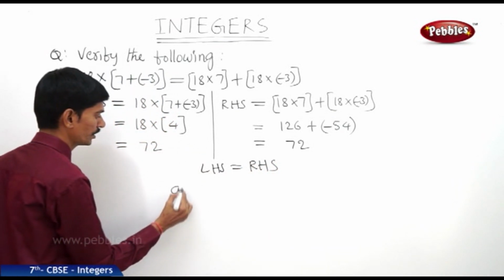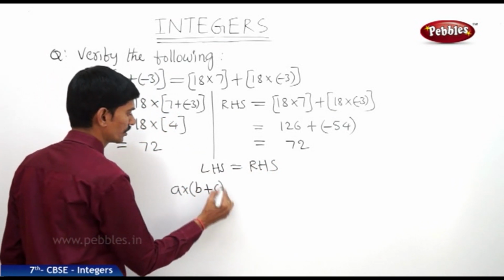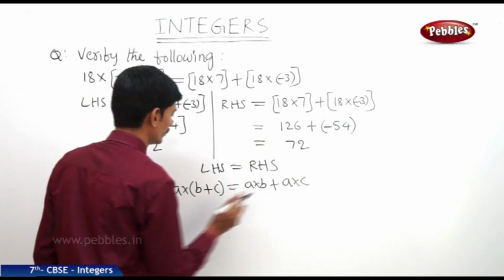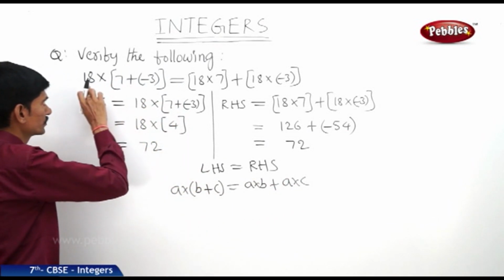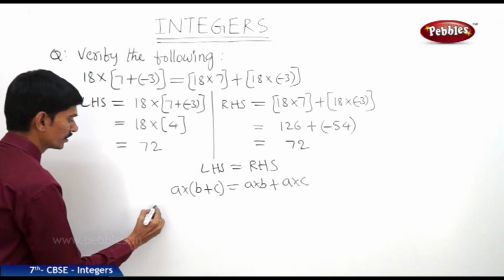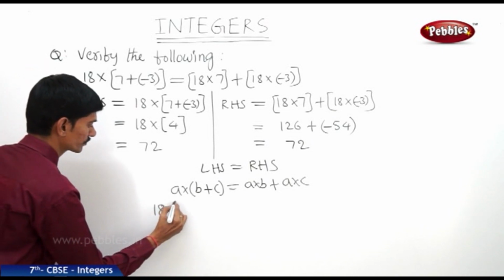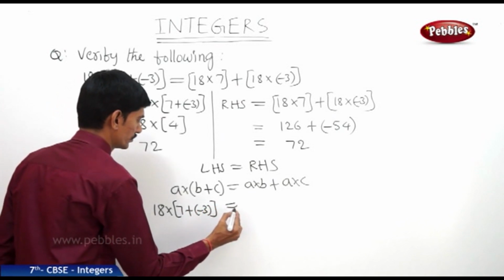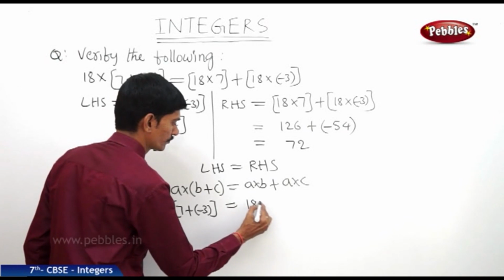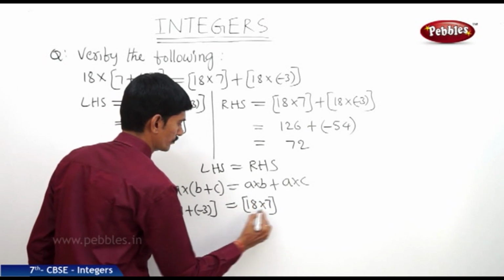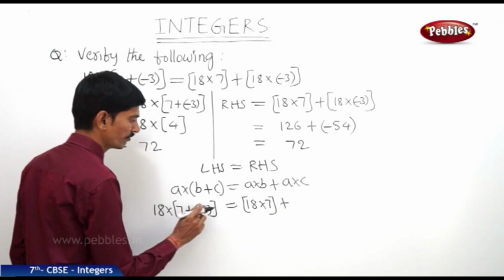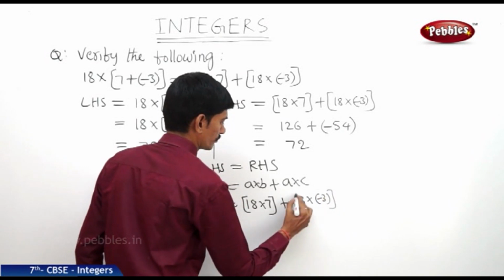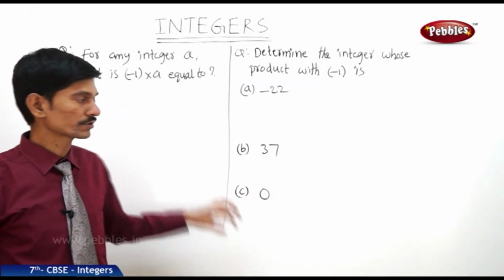Therefore we can write that A into of B plus C equals A into B plus A into C. So in place of A, B, C, if you replace 18, 7 and minus 3, then we get 18 into 7 plus of minus 3 equals 18 into 7 plus 18 into minus 3. Now let us see the next question.